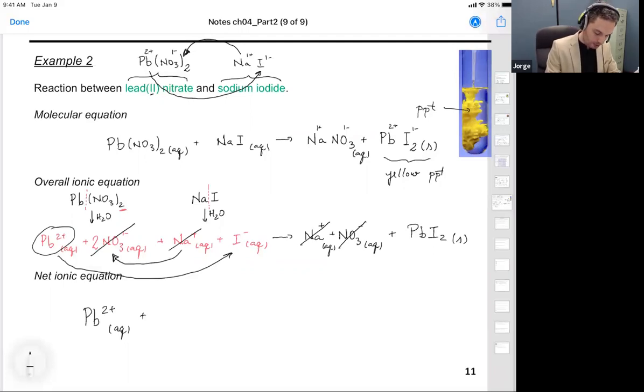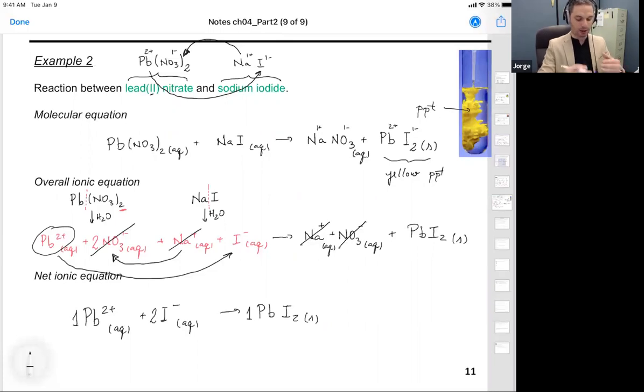And then iodide, we cannot cancel. And the product here is going to be PbI2 solid. Then we can balance here with 2 iodides. And that's how you write the net ionic equation.